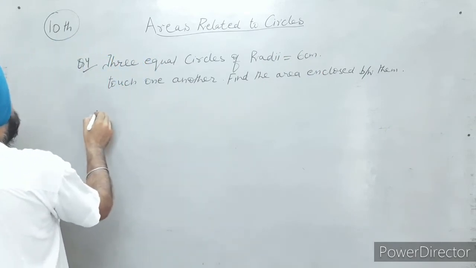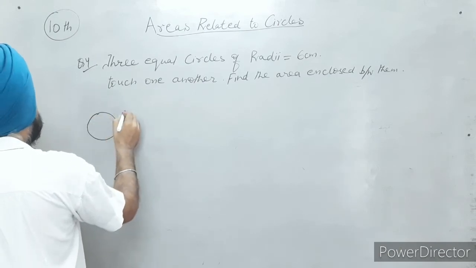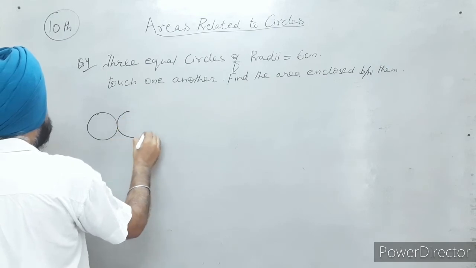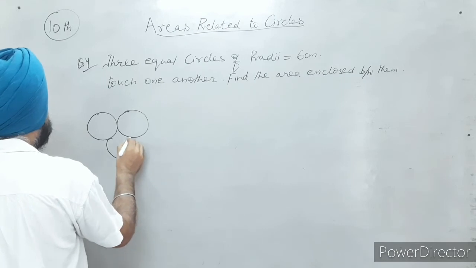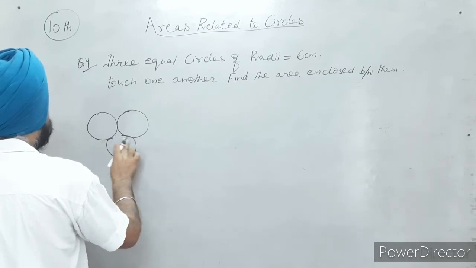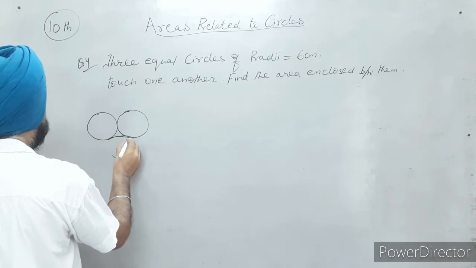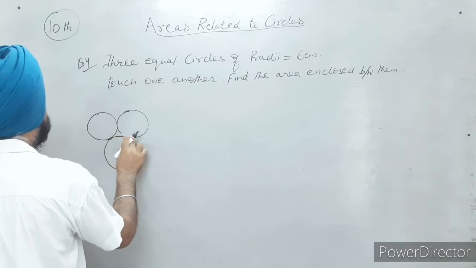Now, I will draw the figure first. This is one circle. This is the second circle. And this is the third circle. Like this. Let me draw it again. Like this. Now it's good.